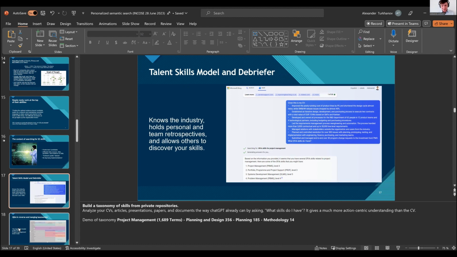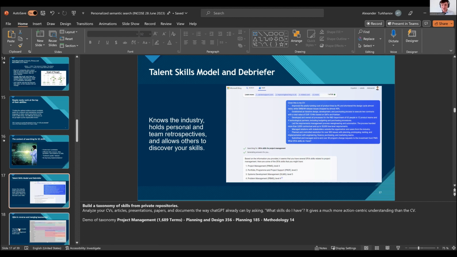So now I'm presenting the real solution, and how you can check it by yourself, for you personally. How does it work for free? You can all open Bing chat, take your CV if you have one, or just copy your LinkedIn profile, and put it in as a prompt: given this is my CV, what SFIA skills do I have?